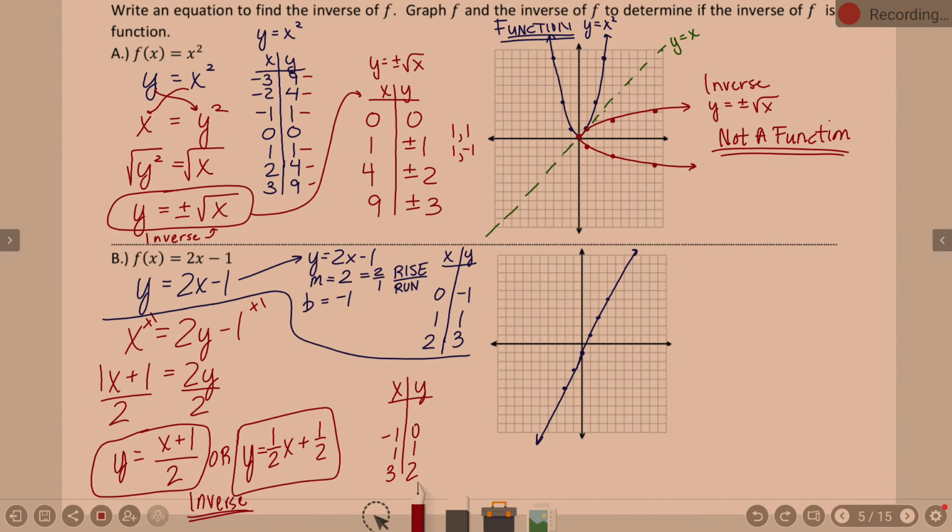So you can go ahead and do that. It's negative 1, 0. So left 1, up or down 0. 1, 1, right 1, up 1. 3, 2. Right 3, up 2. Technically, if you want, you could continue with more dots. Are you noticing a common relationship?